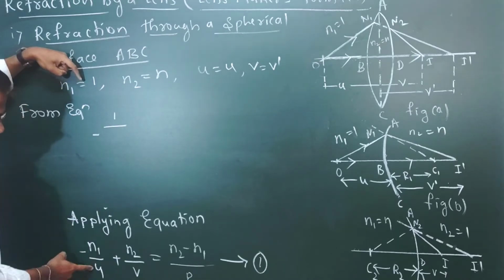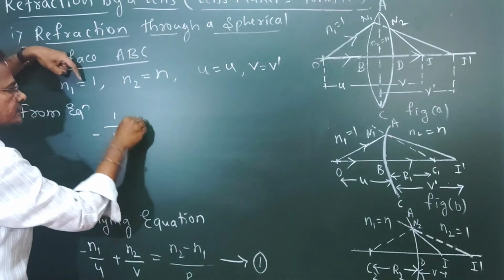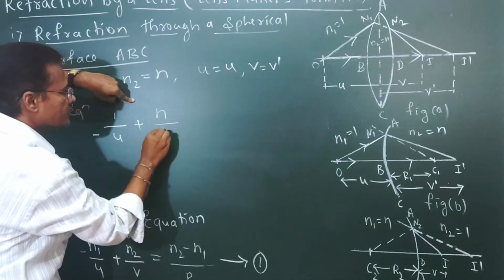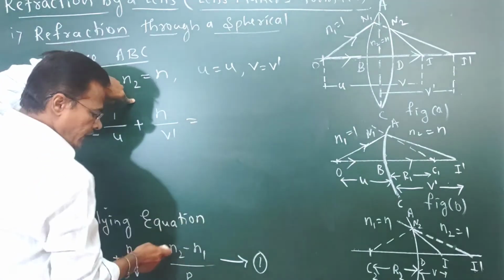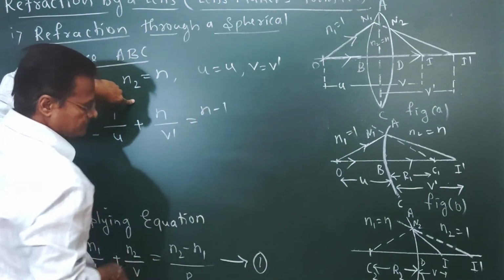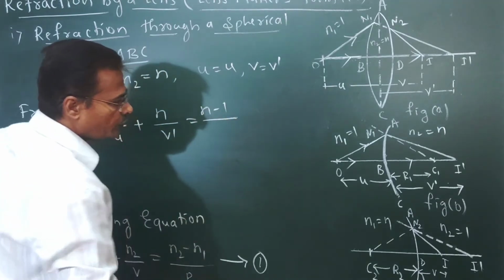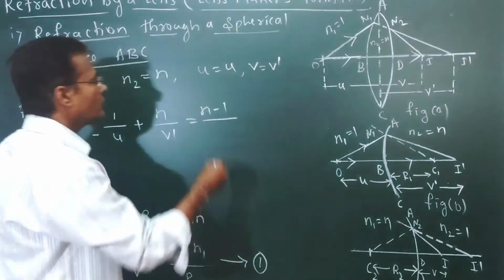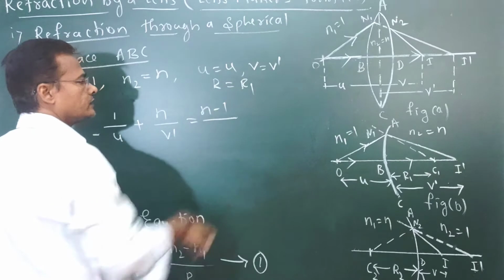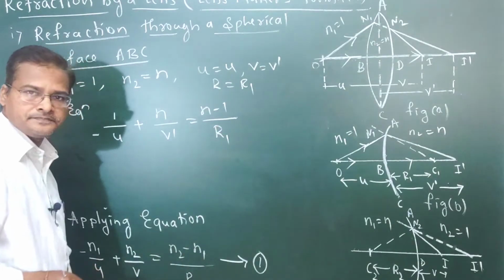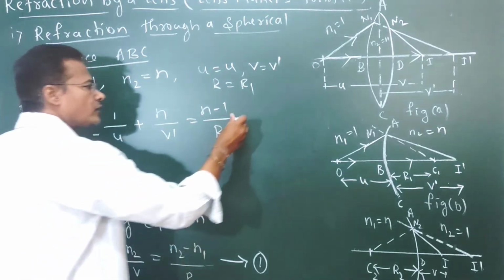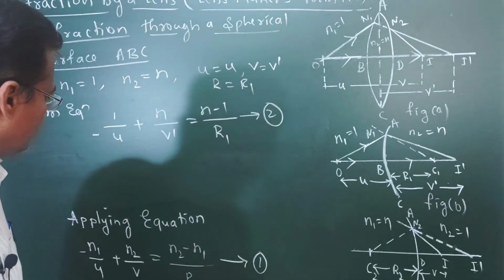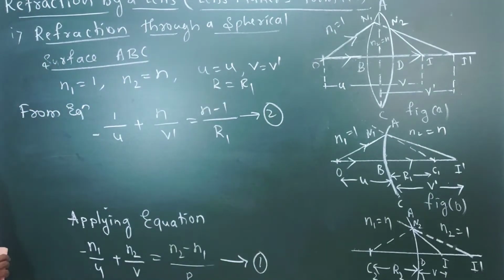This is minus 1 by U as it is, plus N2, which is N, over V dash, equal to N minus 1 over the radius of curvature of the first surface, R1. This is equation 2.